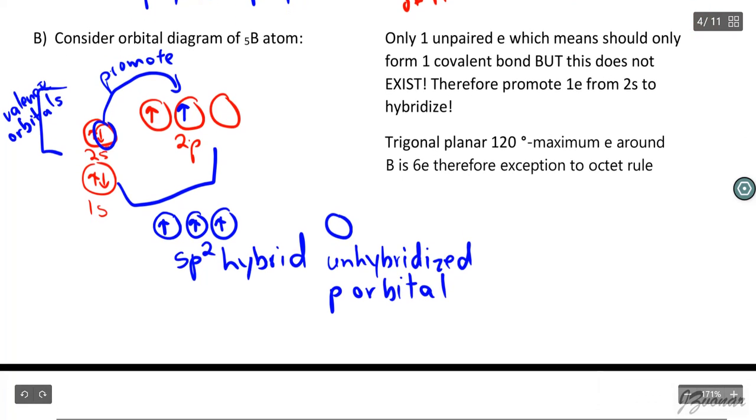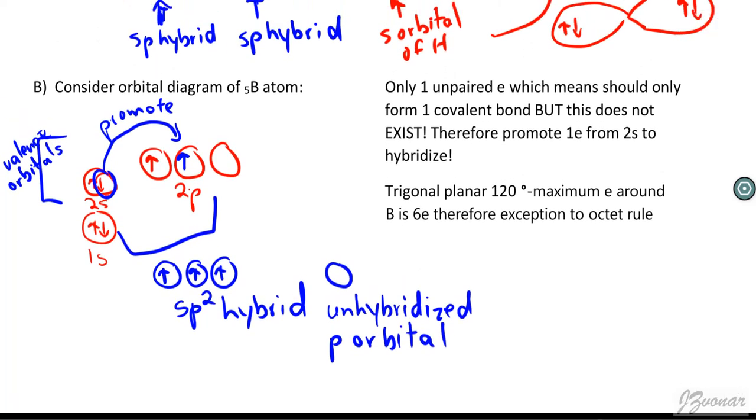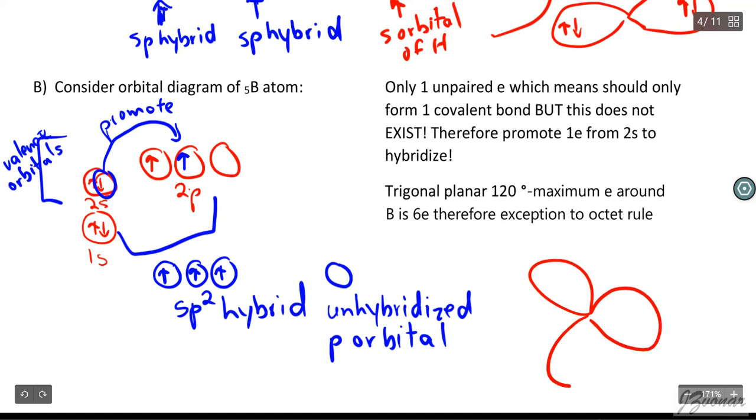The shape of this particular molecule is trigonal planar. So if I take these 3 hybrid orbitals, it is going to look like this, with 1 electron in each of these lobes. This represents boron, which is trigonal planar in shape.